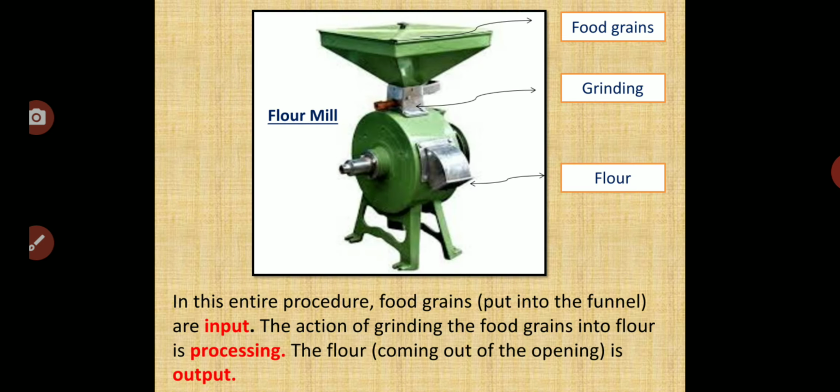Next slide. See the example of the flour mill. Here the first arrow is known as food grain. Okay, second arrow means grinding, and the third arrow is flour. In this entire procedure, food grain put into the funnel is known as input.